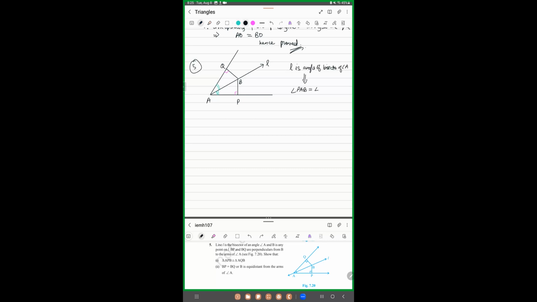So this is given to us to show that triangle APB is congruent to triangle AQB.